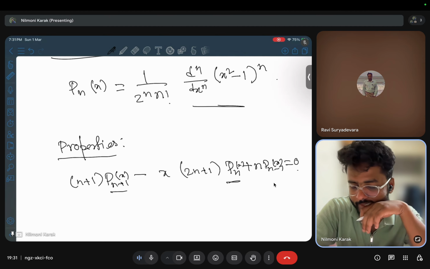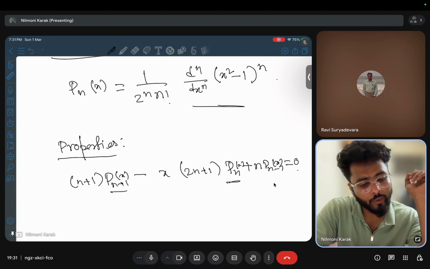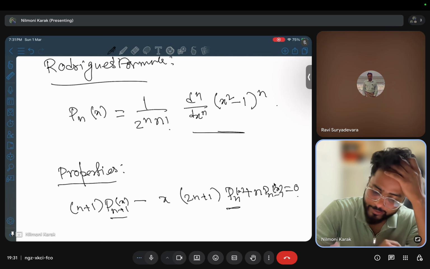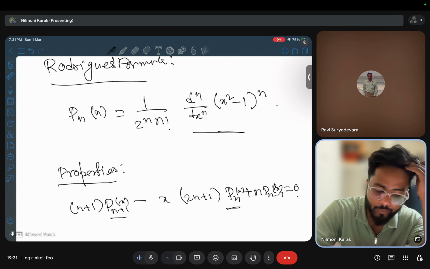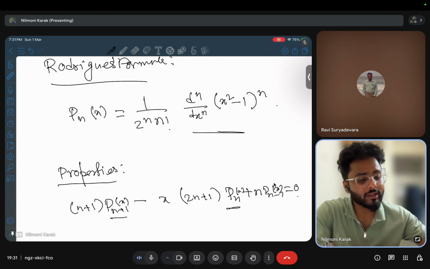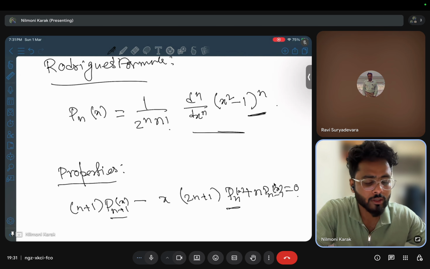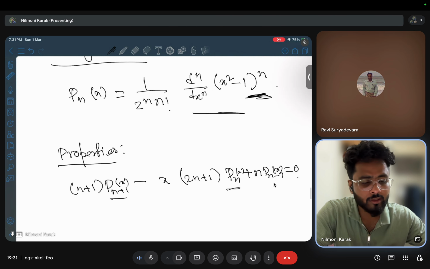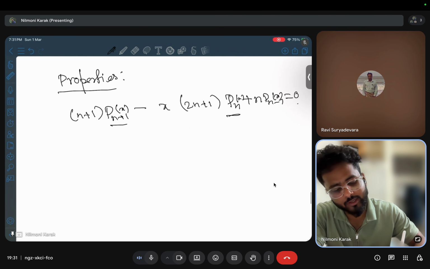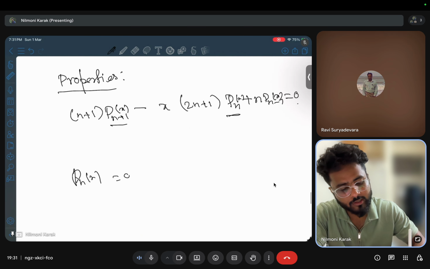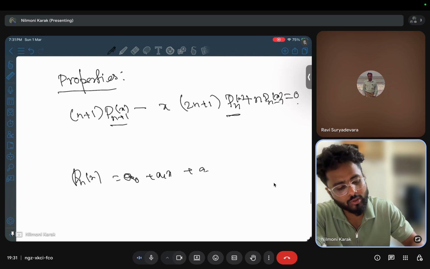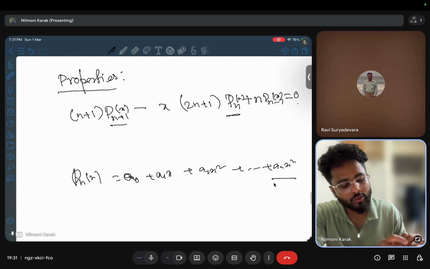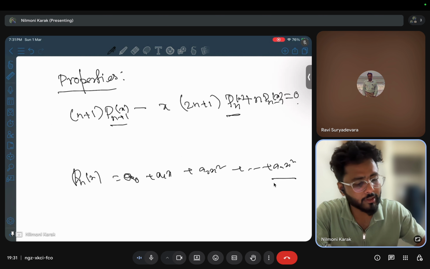Now one interesting thing. From this formula, can you find the leading coefficient? This is a polynomial, right? P_n(x) means this is a polynomial, something like a0 plus a1 x plus a2 x square plus dot dot a_n x to the power n.